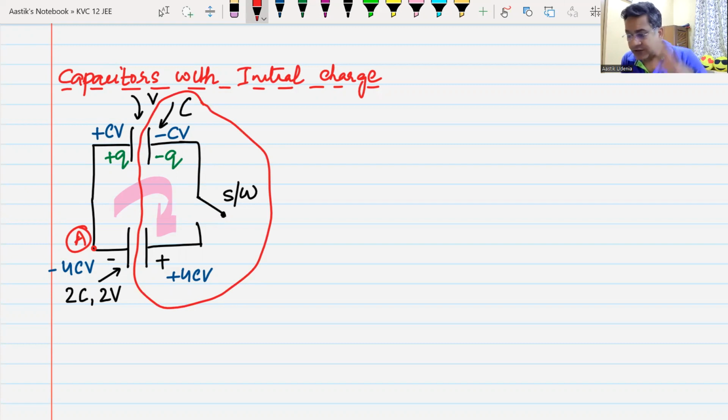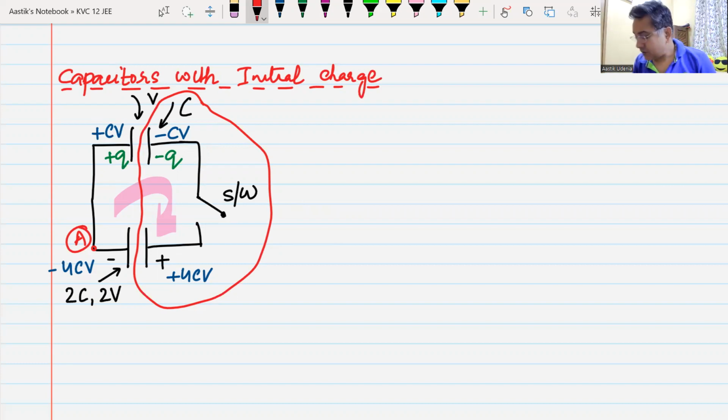That means whatever charge flows, it will flow from the upper plate to the lower plate. The total charge of the system should remain constant. When I say system, it is the system that I've created, the red one. The total charge of this system should remain constant. Do we understand this?